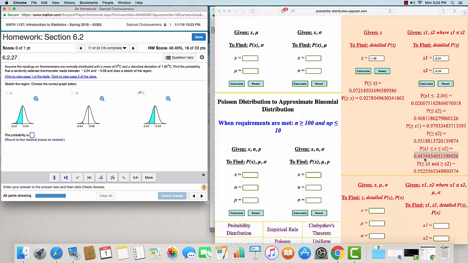Some professors are particular. Nigerian, well, I don't want to mention some names, but I think Nigerian professors are more picky than American professors. Okay, so the probability is 0.4474. Okay.